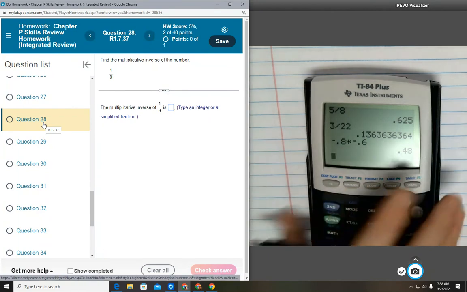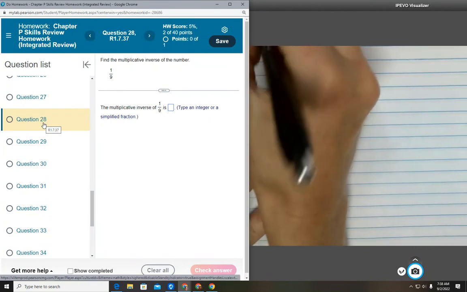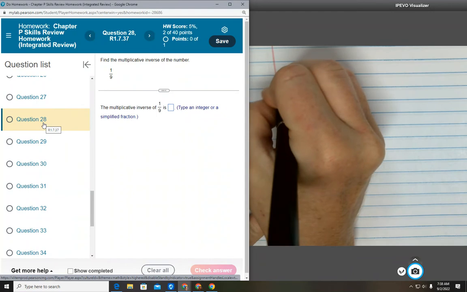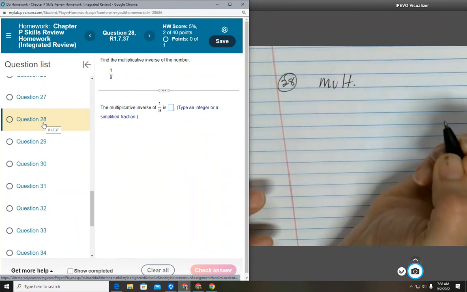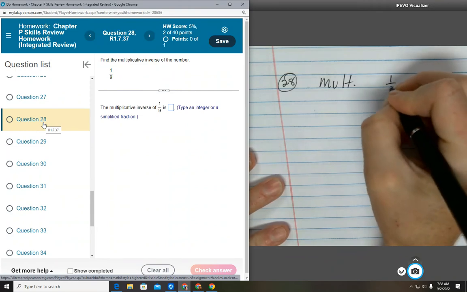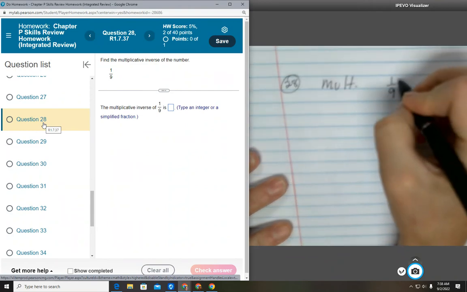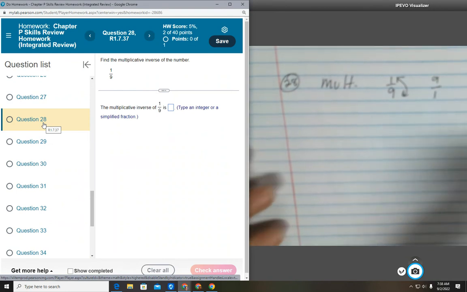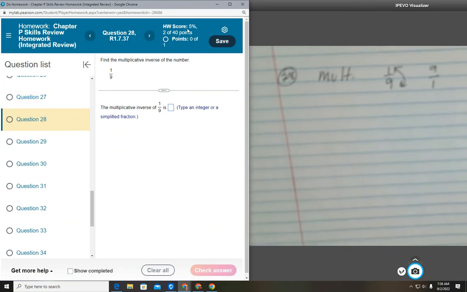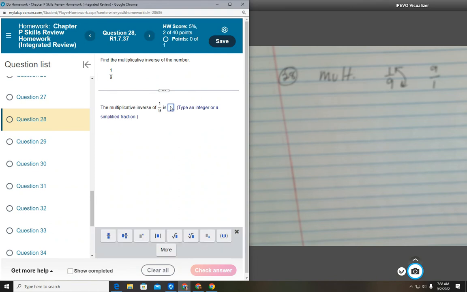Okay, multiplicative inverse. So that was 27. 28, multiplicative inverse is the reciprocal. So reciprocal is whenever you flip it. So flip your numerator and denominator, 9 over 1. And what happens with multiplicative inverse is it's what do you multiply by to get a positive 1? So it would be 9 over 1.